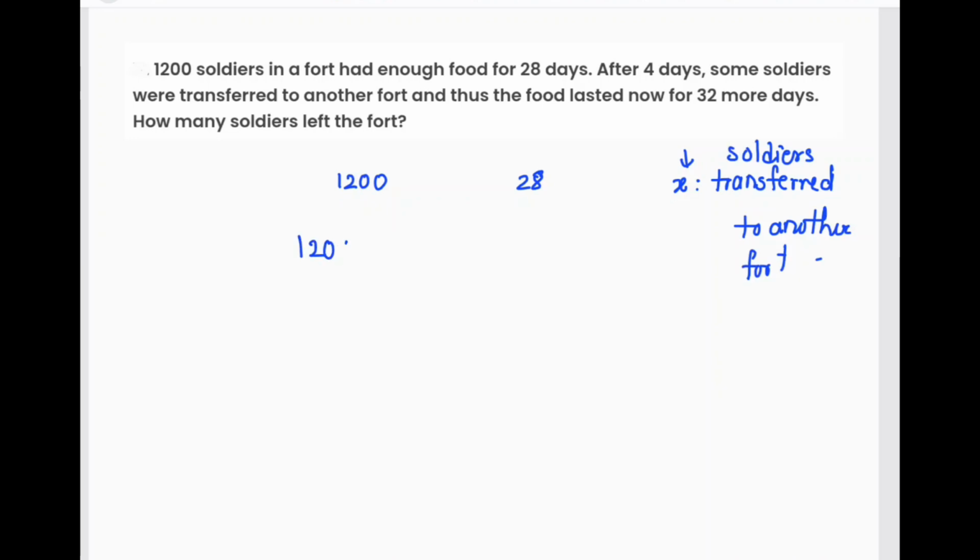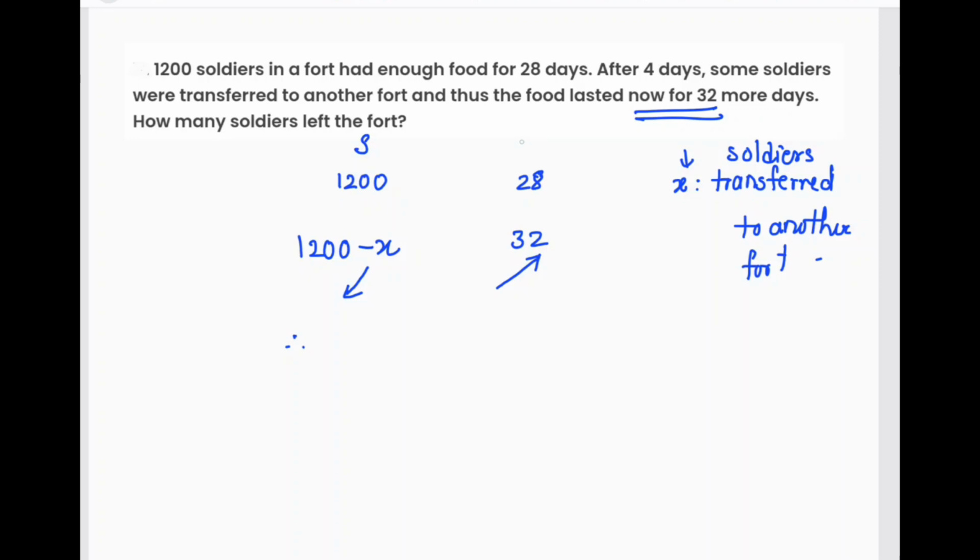So when 1200 minus X soldiers are left now, the food is going to last for 32 days. Means if the number of soldiers is reduced, then the food can last for more days. Means if one quantity is decreased, the other quantity is increased.